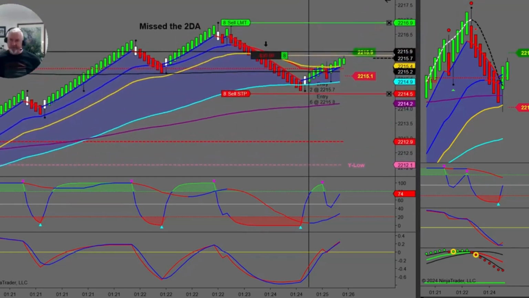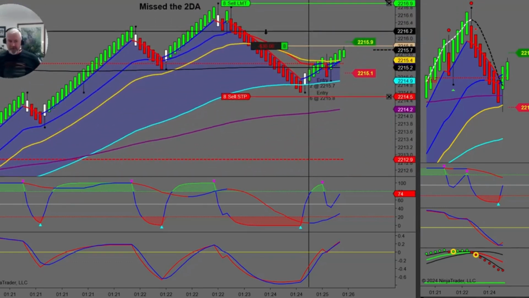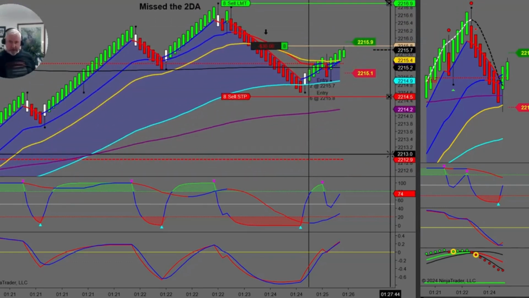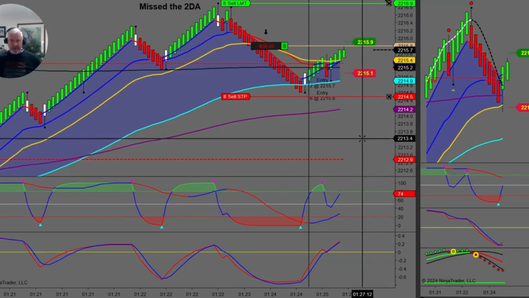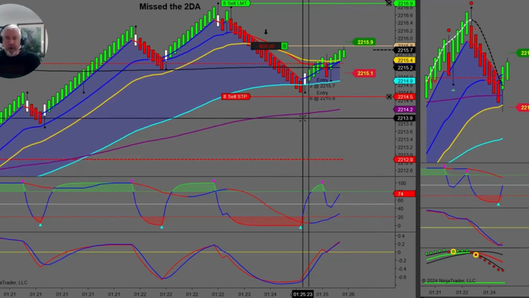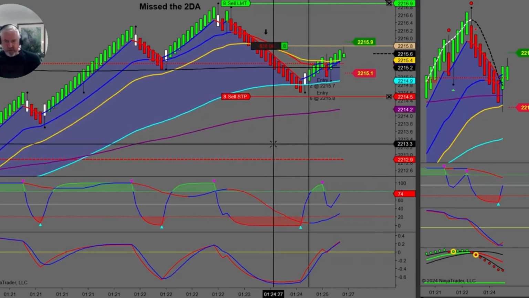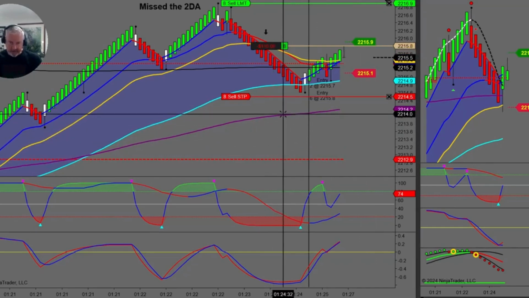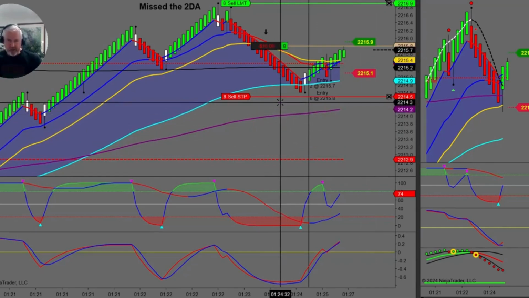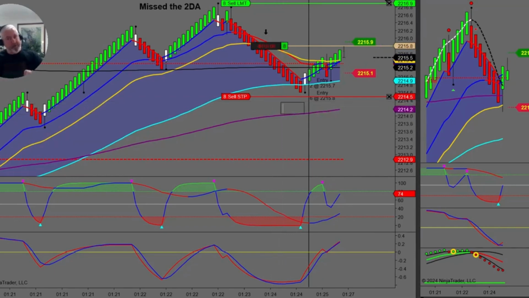In fact, this one here is a 13 tick stop, but if you're working on a $3,000 account, you limit your stop to 12 ticks, which you could have easily done here. So here I was also in late. If I got in on time, I wouldn't have had the issue.